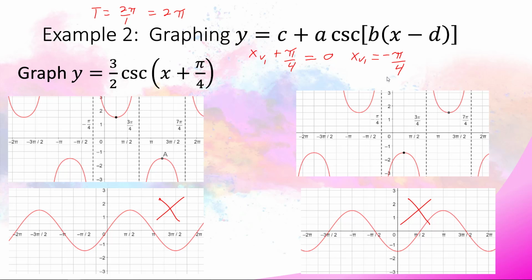All the other vertical asymptotes are going to be 1/2 of a period away, or basically a distance of pi away. So if xv1 is at negative pi over 4, then xv2 is going to be at negative pi over 4 plus pi, which would give you 3 pi over 4.